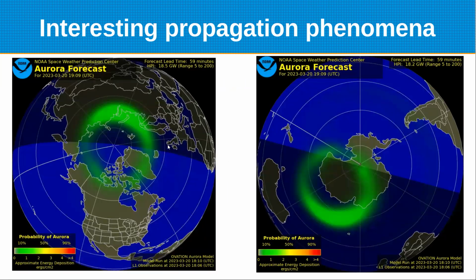Okay, here's a picture of the northern and southern auroras. You can see much more intensity over here on one side, and same thing on the southern one.